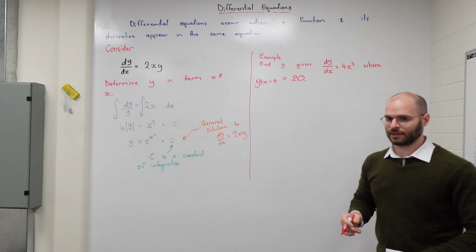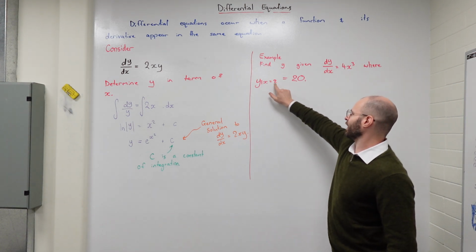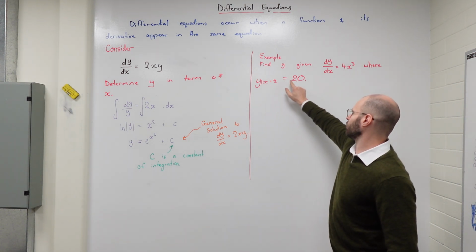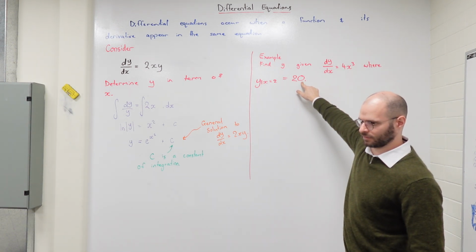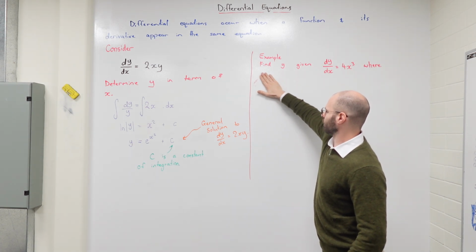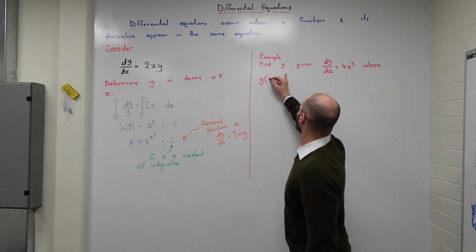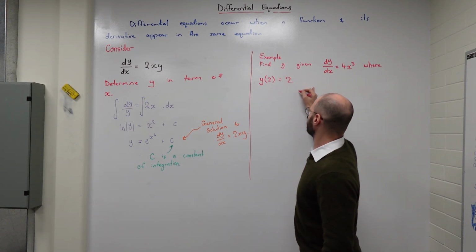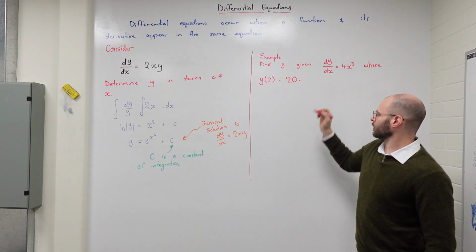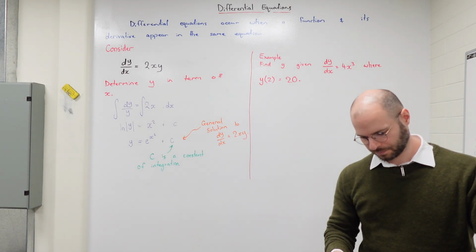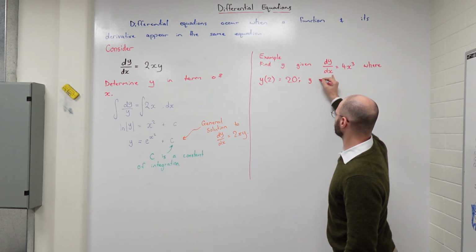Do you understand that notation? When x equals 2, the value of y is going to be 20. So y is a function of x. Oh, so we're using that to find c. Yep.